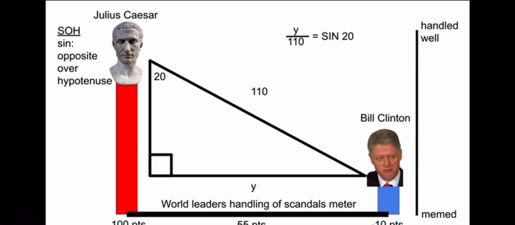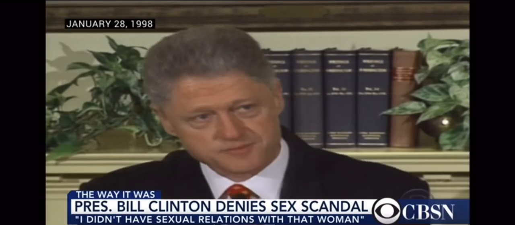Y over 110 equals sine 20. Through some basic algebraic stuff, eventually we multiply both by 110 because y over 110 is the same as y divided by 110. Boom, there you go, you got your answer. Y equals 37.62, which adds up because Caesar won about 38 battles, as opposed to Clinton, who couldn't even win over the people. Nice. I did not have sexual relations with that woman.